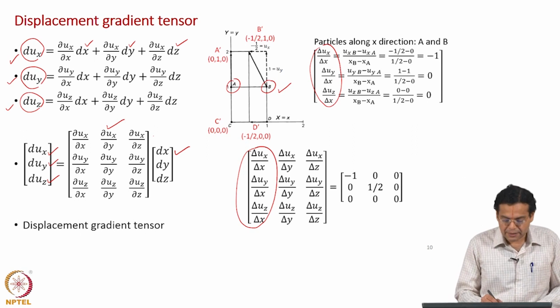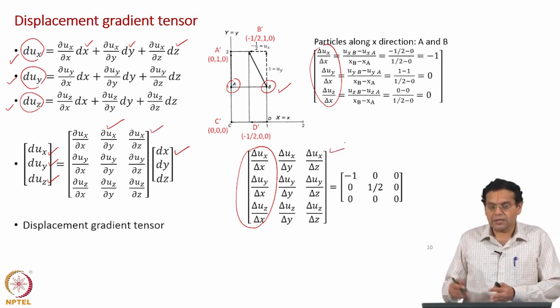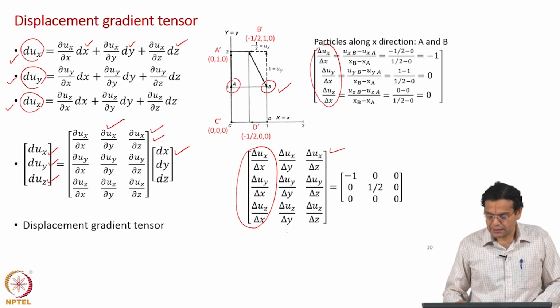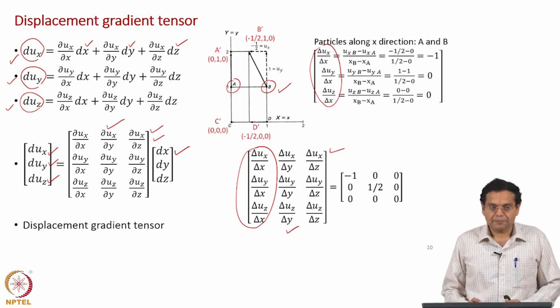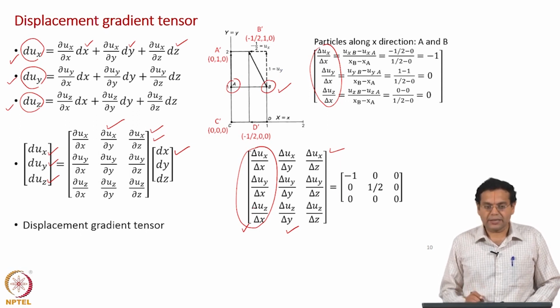Now, if you compare this, of course, later on we wrote this difference in terms of differential. Now, compare this displacement gradient tensor and this tensor, they are both same. That is why we collected all those terms, all those values, and wrote as a column rather than a row entry in this particular matrix or tensor.